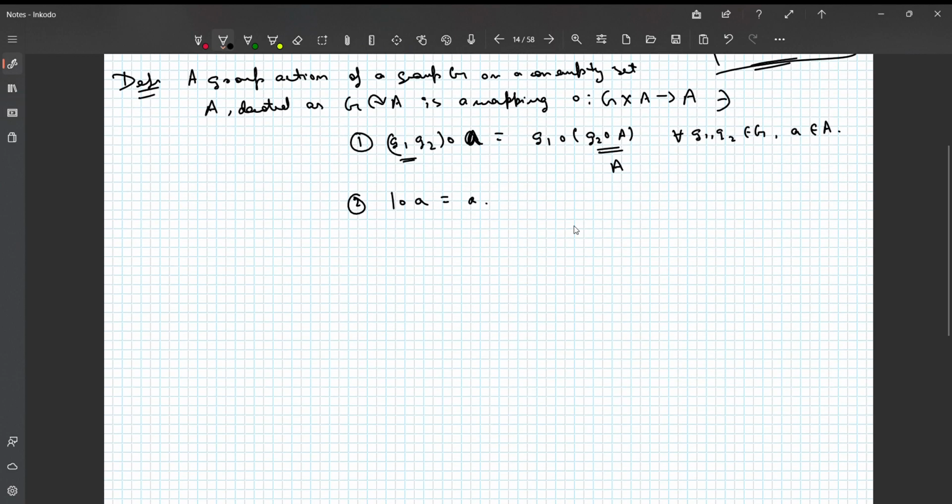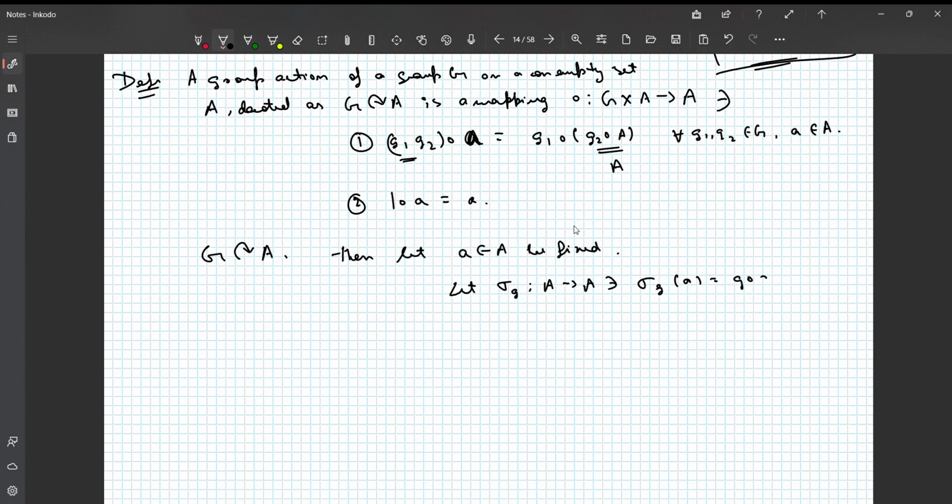Now notice certain things. If G acts on A, then we can fix a. Suppose we fix a in A. Let sigma_g be a mapping from A to A such that sigma_g maps a to g ∘ a.